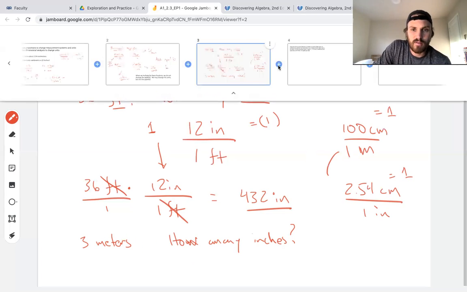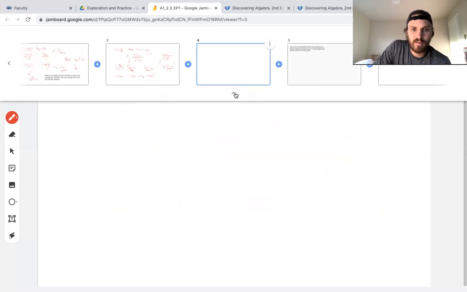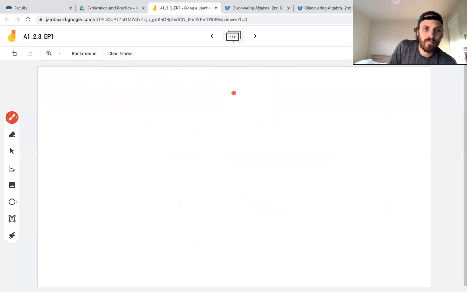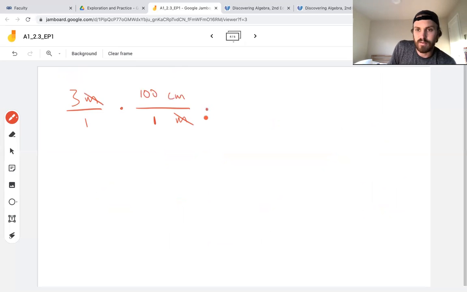So let's add another thing here. So I've got a little bit more space, and let's finish that off. So let's see what we can do here. 3 meters times, okay, so the thing that I want to go down here is meters, because I want the meters to divide. So I know that 1 meter is 100 centimeters, but I didn't want it to be in centimeters. I wanted it to be in inches. So now I've got to get rid of the centimeters. So the centimeters have to go down in the denominator here.